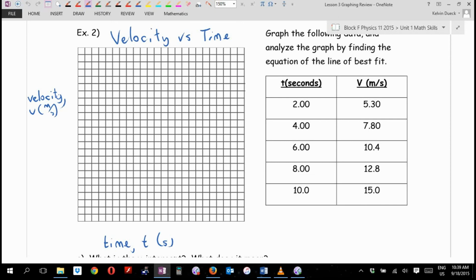So if I have 24 squares and I want to fit 10 and use as much space as possible, what would be a good scale? Go up by 2s. Okay, so I'm going to go like this: 1, 2, 3, 4, 5, 6, 7, 8, 9, 10, 11.